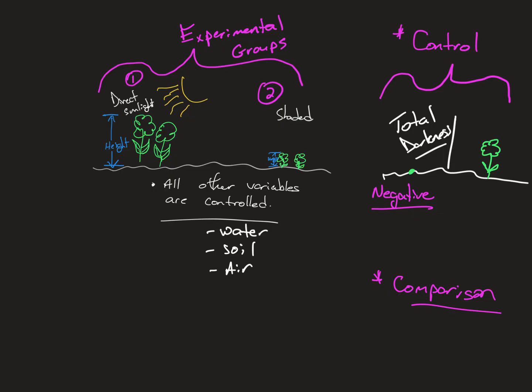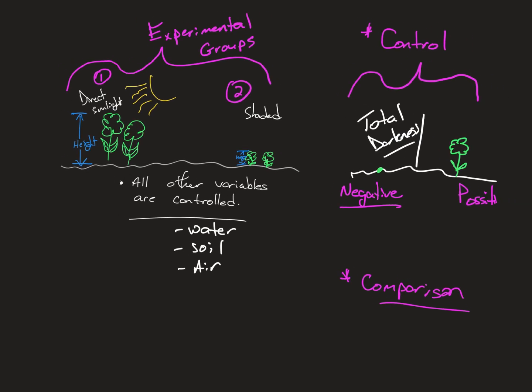I don't know. I can't think of a positive control right now, but here you would have a positive control. Why do we call that negative and this one positive? Because you expect it to go wrong? That's right. Excellent. We expect no growth.